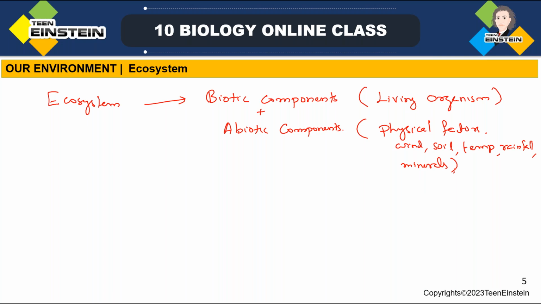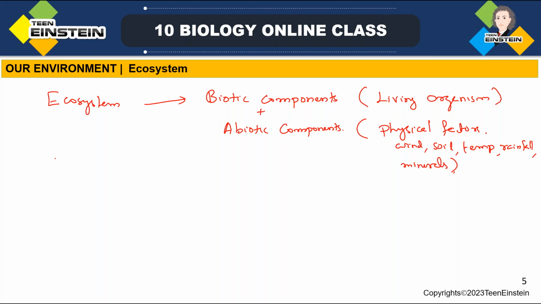These together form the ecosystem. What do you mean by biotic components? Living organisms. Abiotic components means physical factors. Which are all the physical factors around us? Wind, temperature, minerals, rainfall, soil, all these are the physical factors, right?